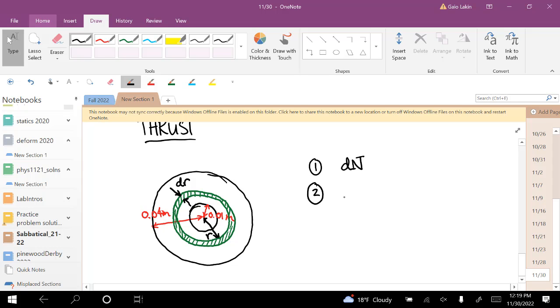Then the infinitesimal friction force, which is our coefficient times that normal force. Then our infinitesimal moment, which is that friction force times the radius.